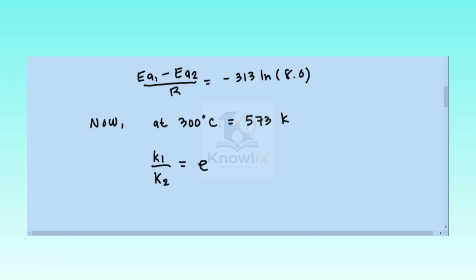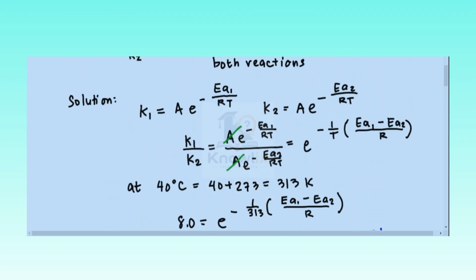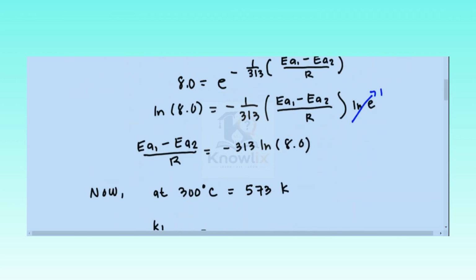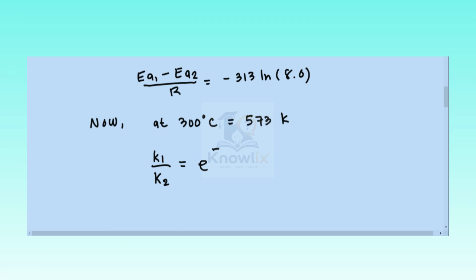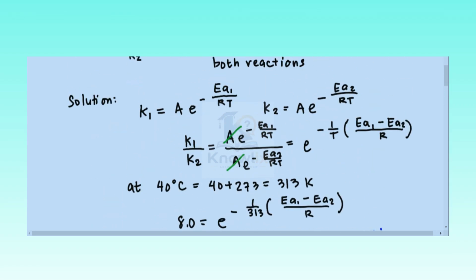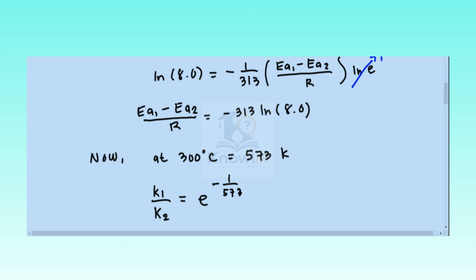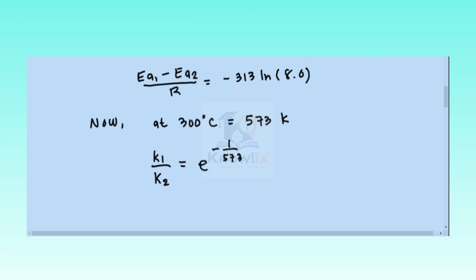So I'm going to use the simplified form, e to the negative 1 over T. That will be e to the negative 1 over 573 times, as you can see here, Ea1 minus Ea2 over R. We have found this value, which is negative 313 times ln of 8. That's what I'm going to substitute in here.